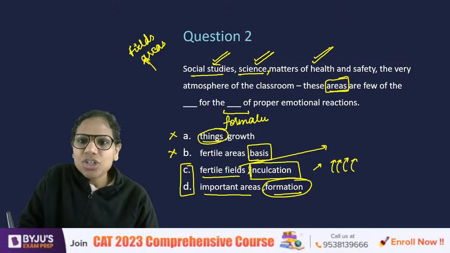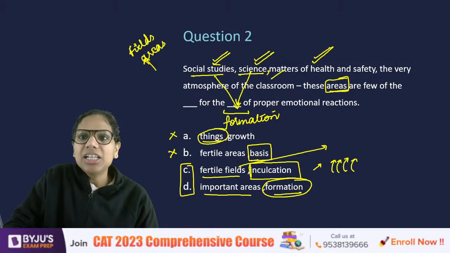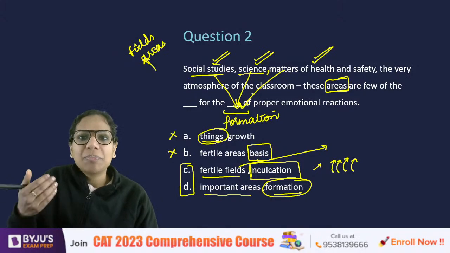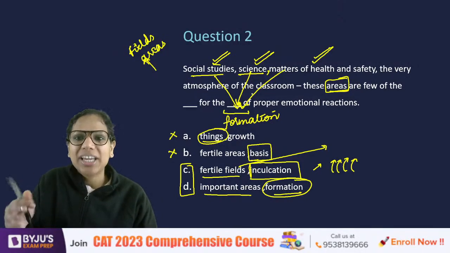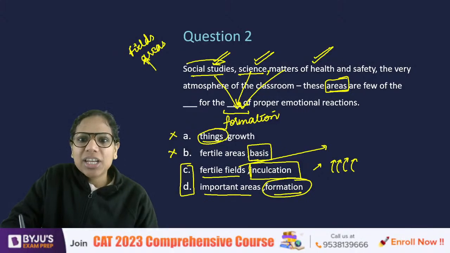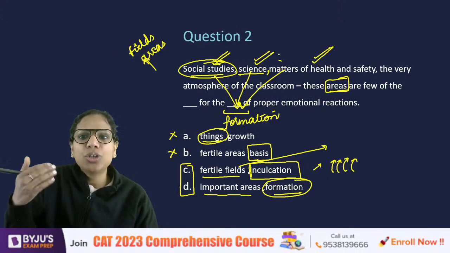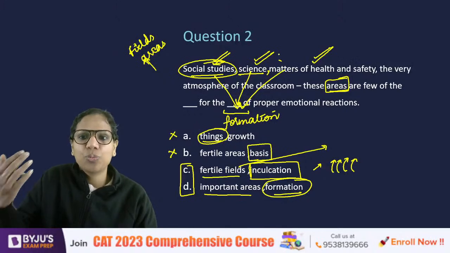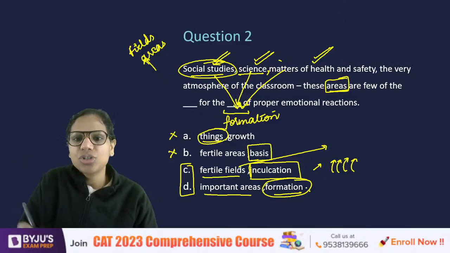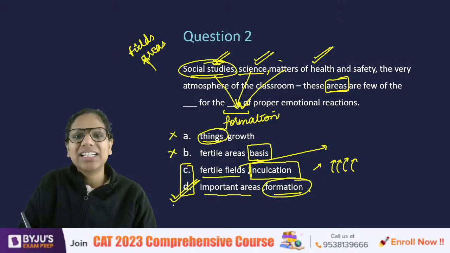So formation is a word that fits better here. These lead to the formation. Inculcation is usually done by parents, teachers, right? By active agents like those. Whereas when you study something, from that you form your opinion, your reactions. So formation is a better word, and hence D.